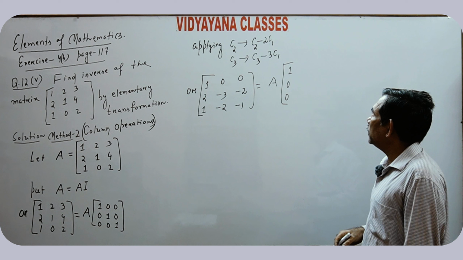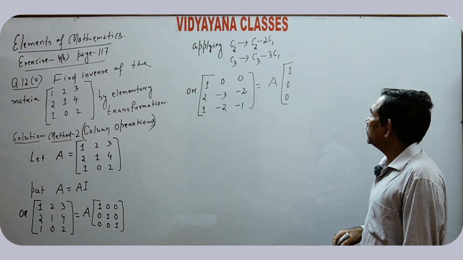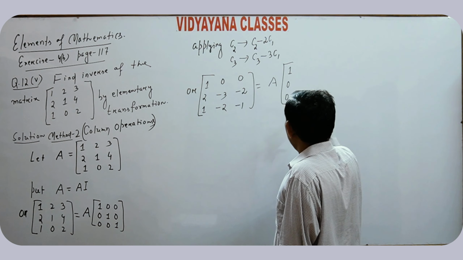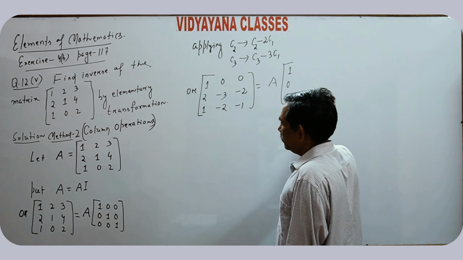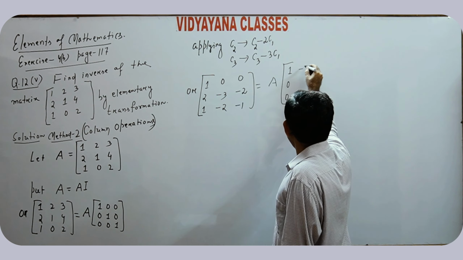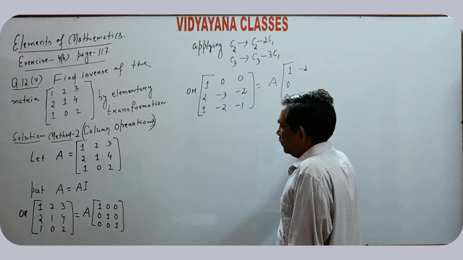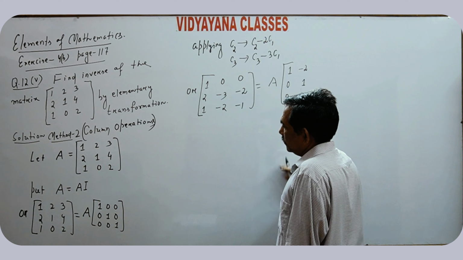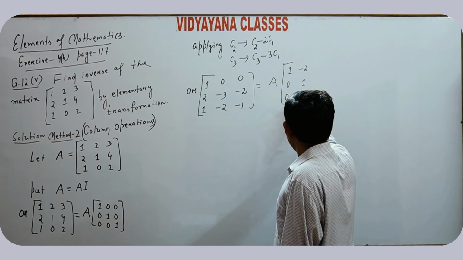C3 is replaced by C3 minus 3 times column 1. 1, 0, 0. 0 minus 2 times 1 is equal to minus 2. 1 minus 2 times 0 is equal to 1. 0 minus 2 times 0 is equal to 0.